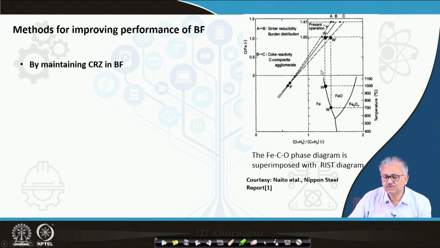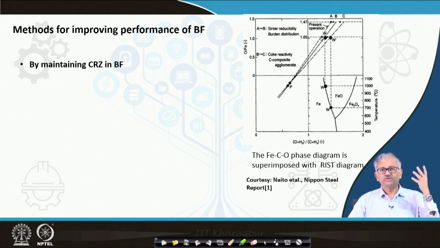In the actual blast furnace, O/C is lower. O/C being lower means your CO percentage in the gas is higher. Considering A to B, the equilibrium O/C is here, and the actual O/C is here. That means you have more CO in the gas than the equilibrium requirement. At 900 degrees centigrade, if you consider the isothermal zone at 900, there is 70% CO in the CO-CO2 mixture. In the actual blast furnace, it may be 80%, more than 70%.